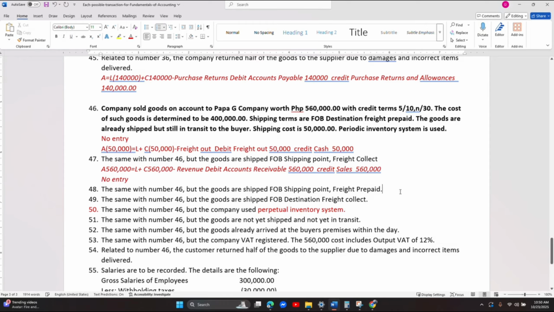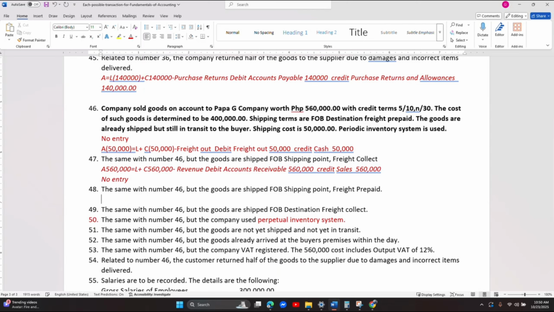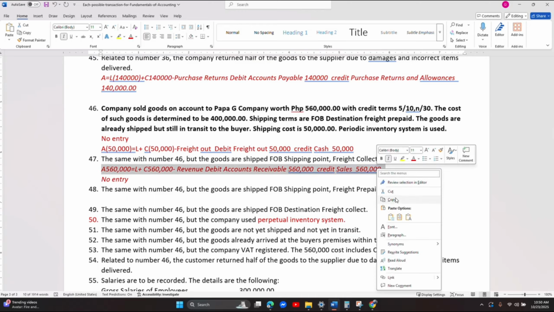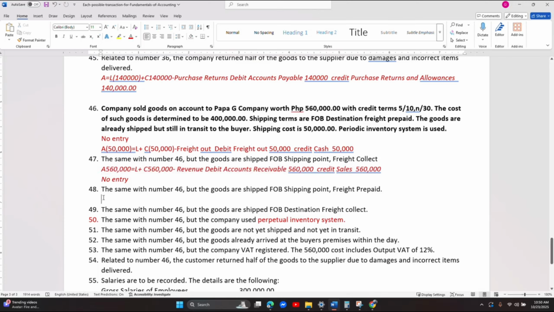Alright? Now let's go to number 48. The same with number 46, but the goods are shipped FOB shipping point and freight prepaid. So if that is the case, the analysis for number 47 can be copied already. Alright? Why?